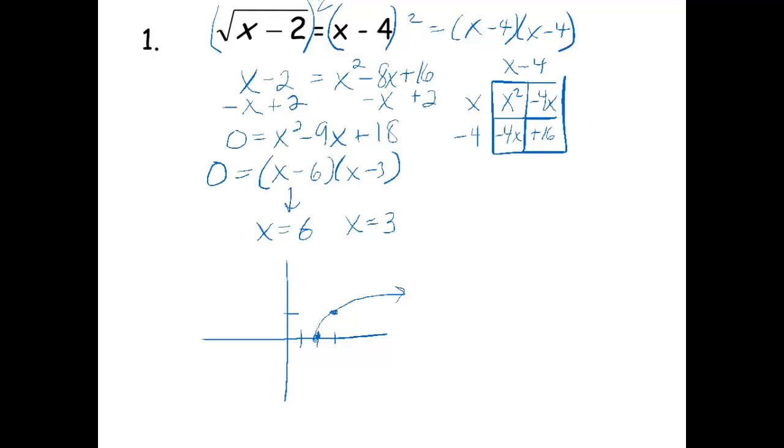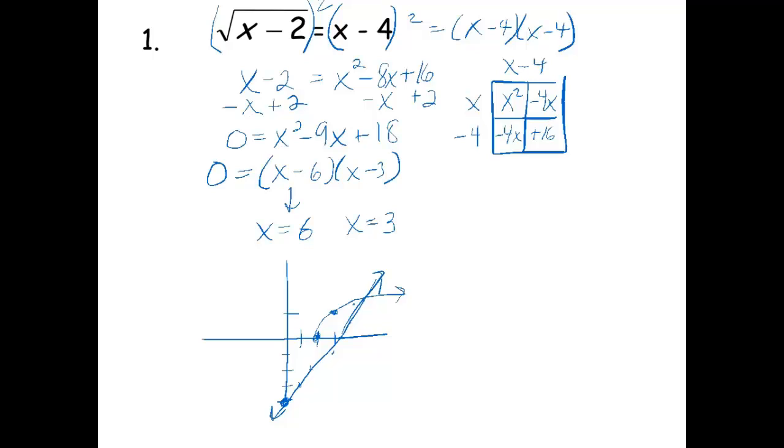And then the x minus 4 has a y-intercept at negative 4 and a slope of 1. So it looks something like that. How many intersection points do you notice? I only see 1, which means that one of these answers is correct and the other is not.